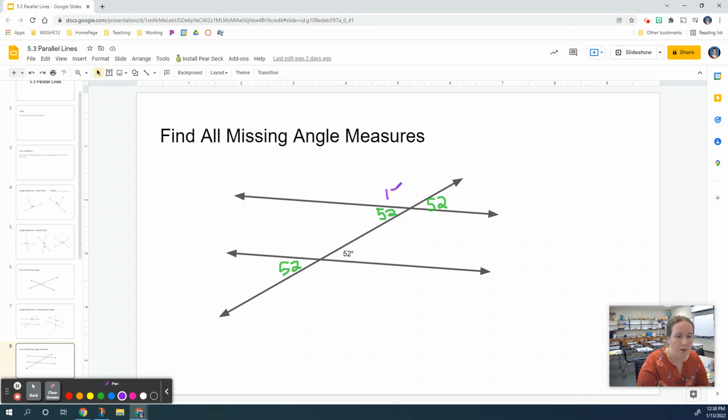So I know all of my other angles are going to be 128. Okay, so those are all 8 angles for this pair of parallel lines and their transversal.